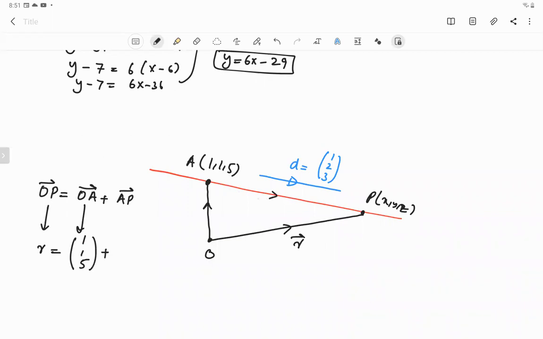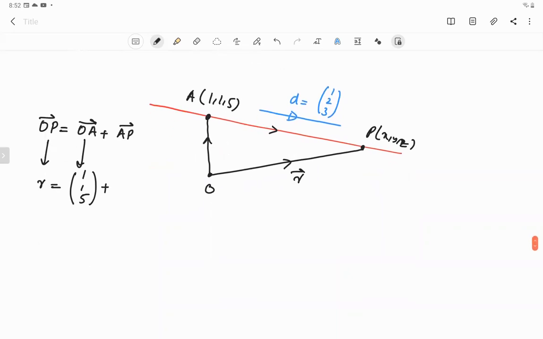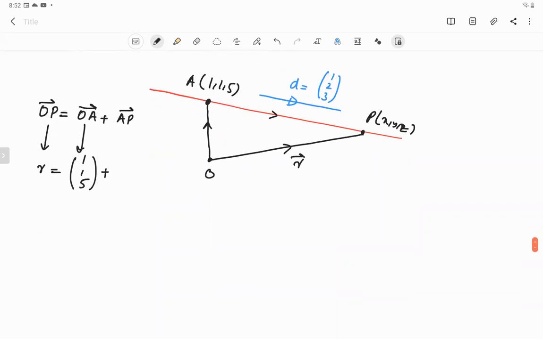And AP is a vector which is parallel to D, and AP is equal to lambda times D, where lambda is a scalar multiple, and R is equal to (1, 1, 5) plus lambda times (1, 2, 3).